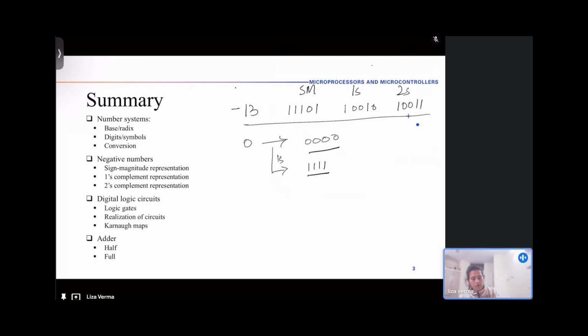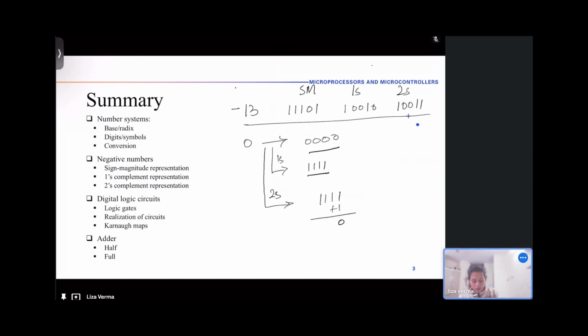So to address this problem, we use the 2's complement method. For 2's complement, you just add 1 to this 1's complement of 0.